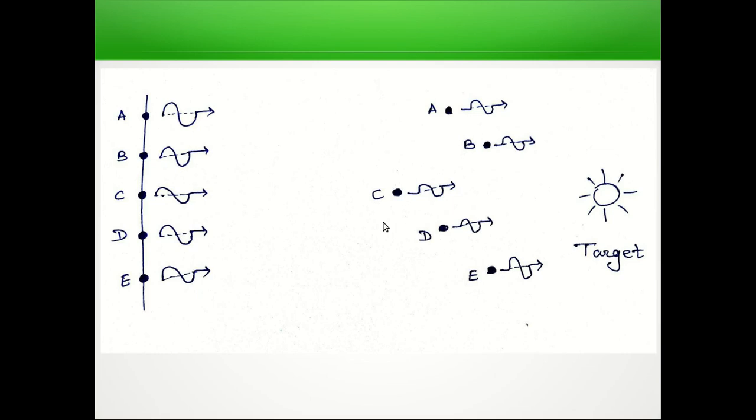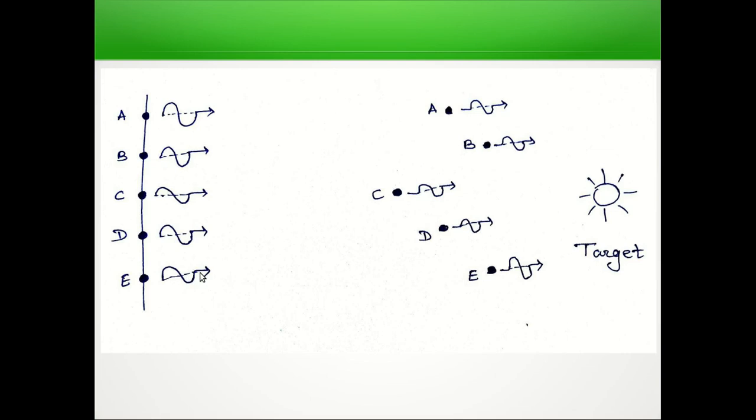Now, the velocity of this individual wave, velocity of wave A or wave B, wave C, wave D, wave E, this individual velocity, we refer to as the phase velocity.